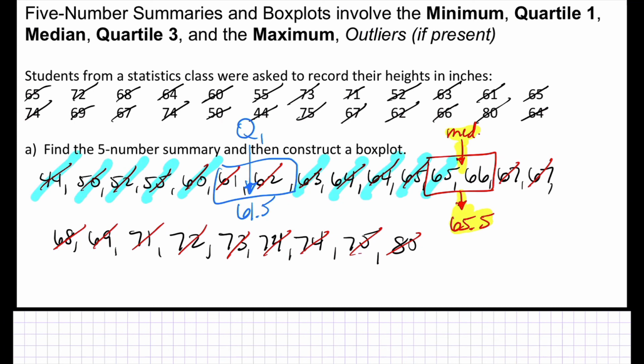We're going to do the same thing now on the higher side. That's going to be Q3. I get 2 again.